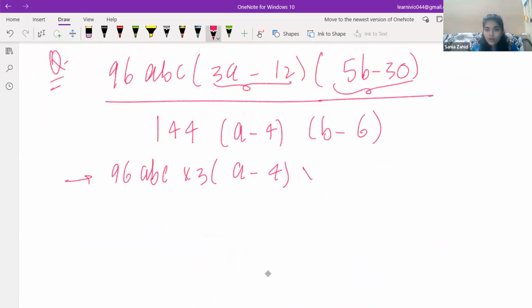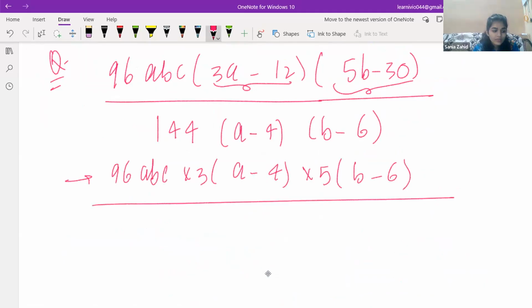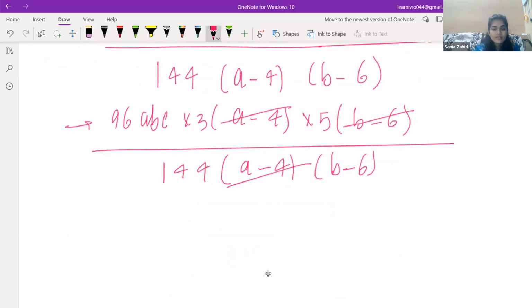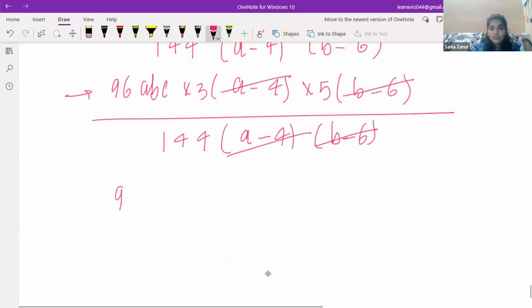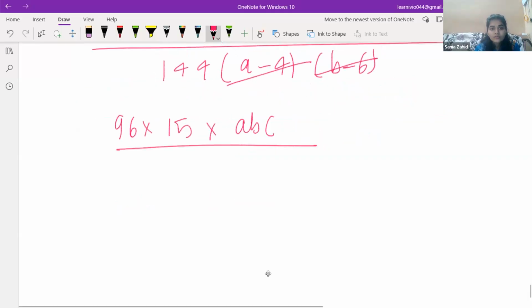So I can take 5 common. b minus 6 will be left. Now I have 144, a minus 4 and b minus 6. Okay, I can cancel a minus 4, a minus 4, b minus 6, b minus 6. Now I'm left with 96 into 3 into 5 is 15 into abc upon 144.